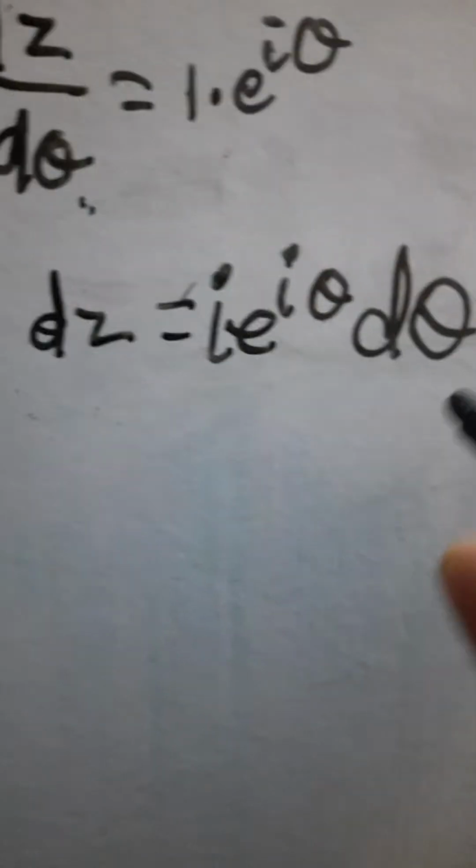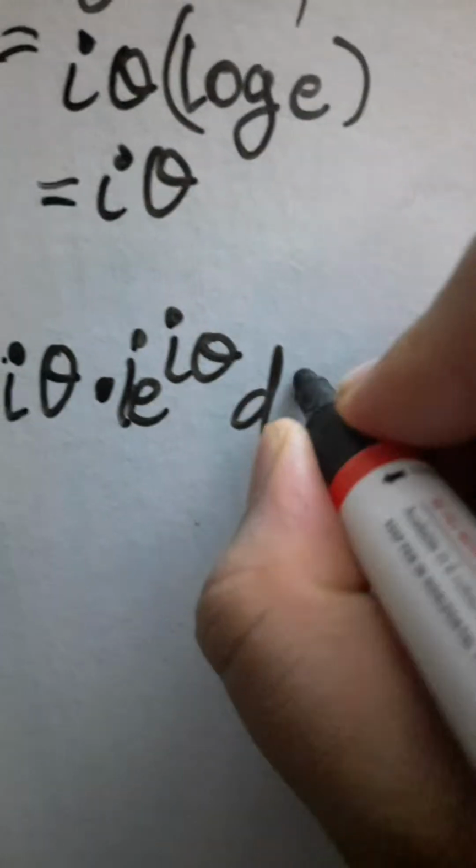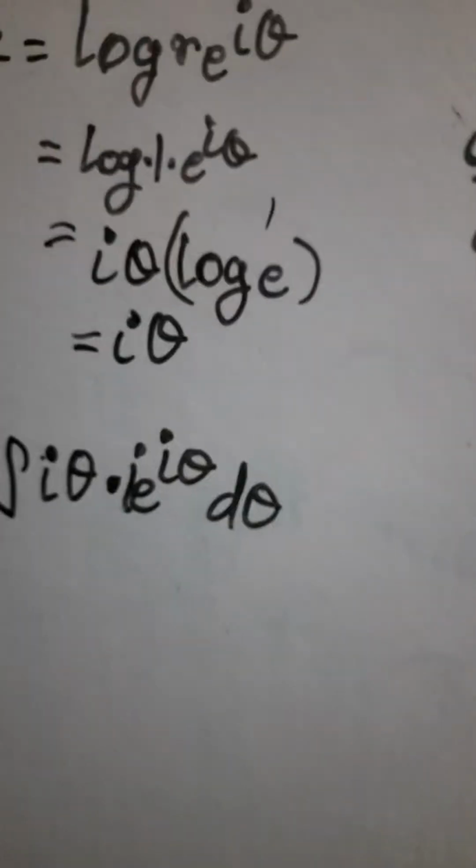Now we have to evaluate log z, which is i theta, integration of i theta. Now this is i e raised to i theta d theta. We always take d theta when we take integration, right? That is always it.